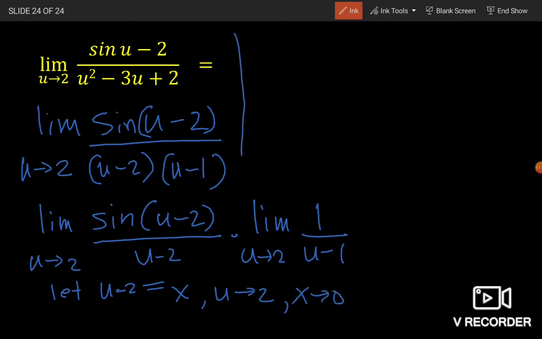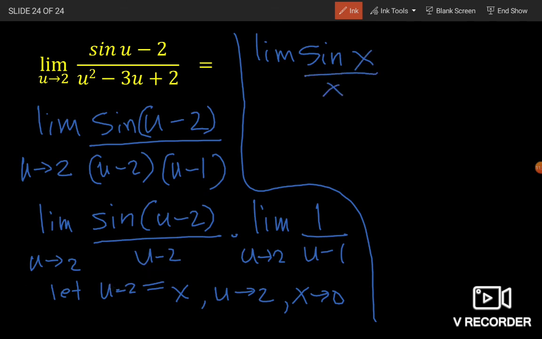So rewriting this now, we will have the limit of sine of u minus 2, which is basically, u minus 2 is equal to x, so sine x over x, as u approaches 2, x approaches 0, multiplied by the limit of 1 over u minus 1 as u approaches 2.